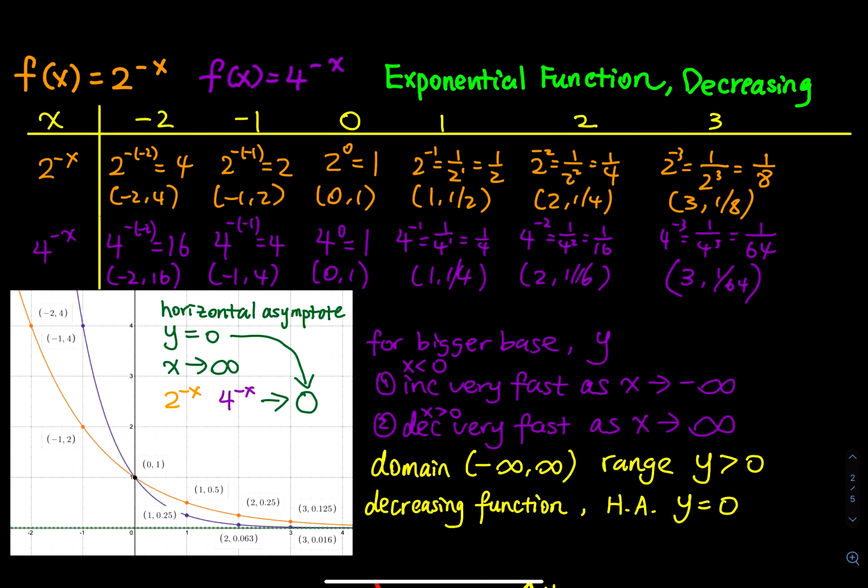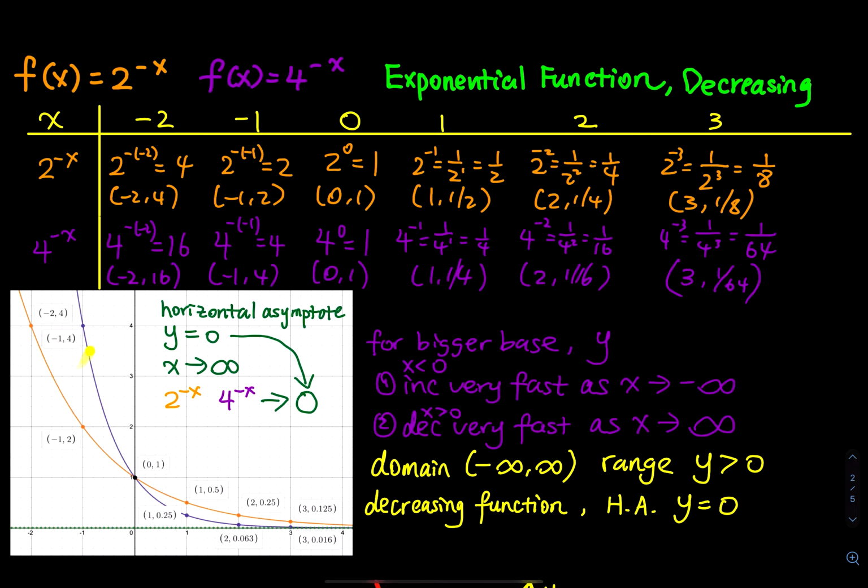Now, let's do a comparison for 4 to the negative x and 2 to the negative x. So for the bigger base, I mean 4, I matched the color code for you. When x is less than 0, which is on the left-hand side of the y-axis, the purple function increases very fast as x approaches negative infinity, way faster than the orange function.